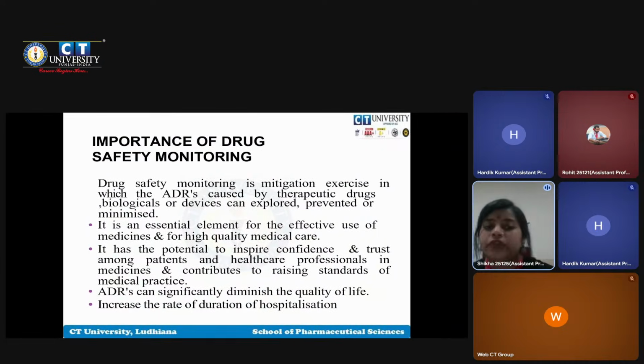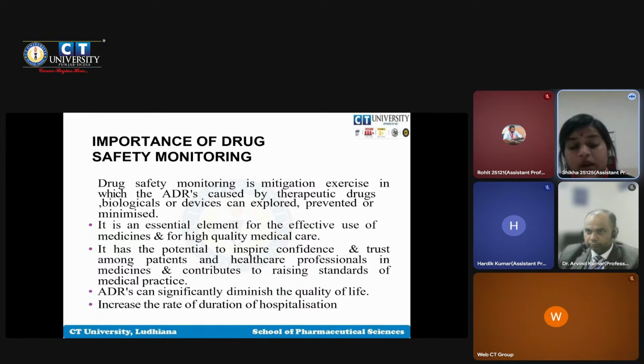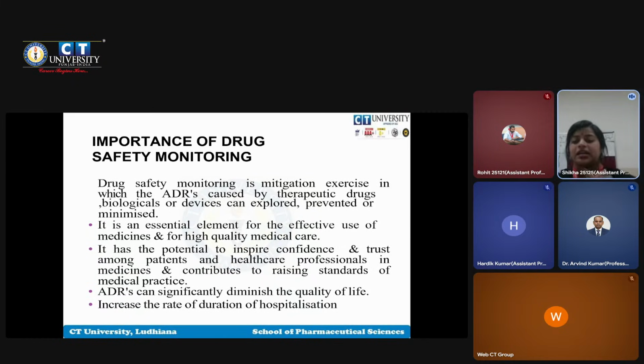So, importance of drug safety monitoring. What is the importance? Drug safety monitoring is a mitigation exercise in which the ADRs caused by the therapeutic drug, biologicals or devices can be explored, prevented or minimized. Basically, ADR is an adverse drug reaction.